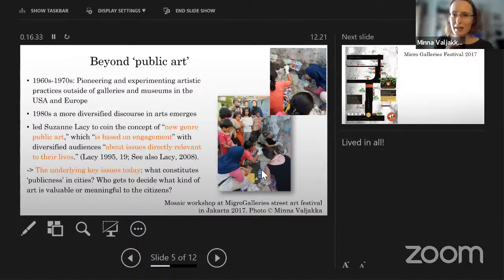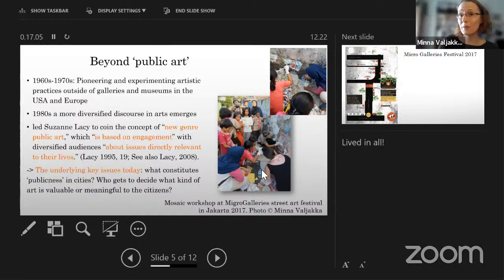emerging, especially in the 60s and 70s, because there's a new kind of art forms developing, especially in the US and Europe. And artists are very keen to experiment doing art outside of the galleries and the museums. So they go into the nature, they go into the city, and they start doing things that they've never done before, like cultivating a field of wheat in Manhattan.